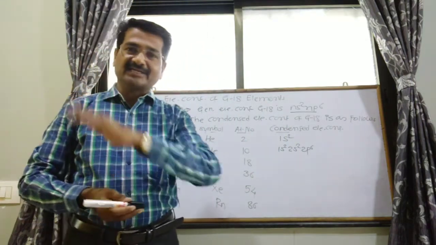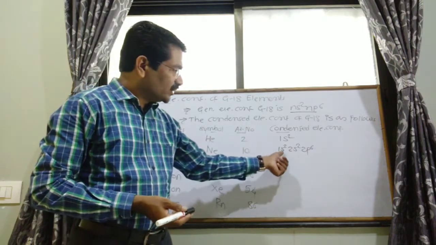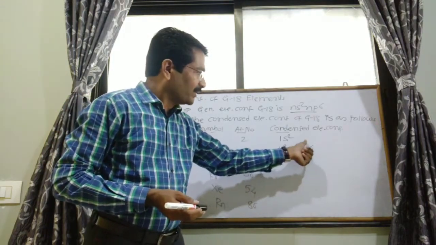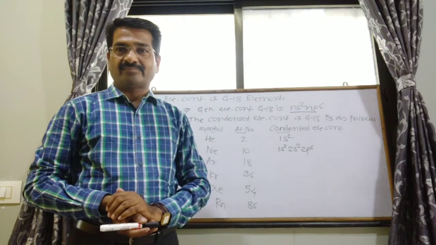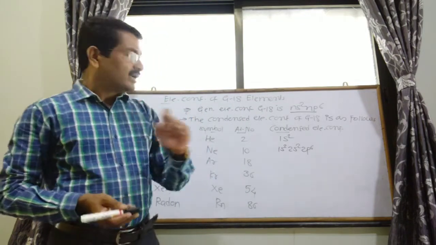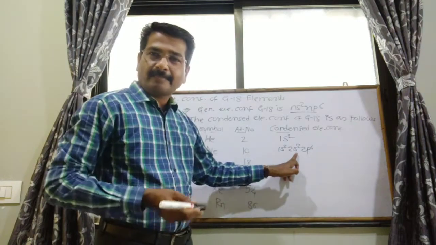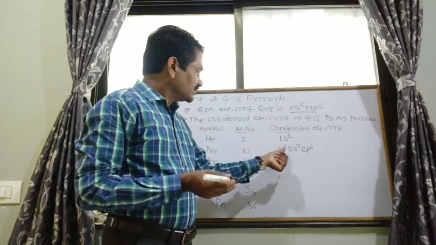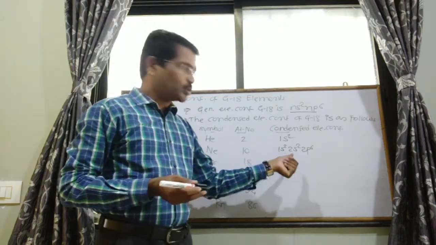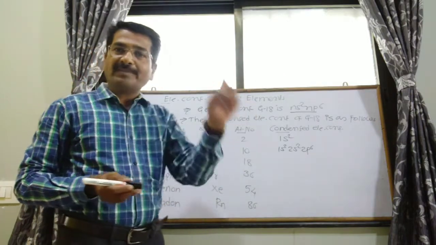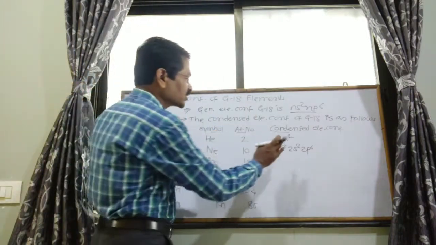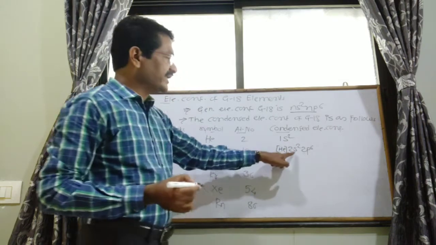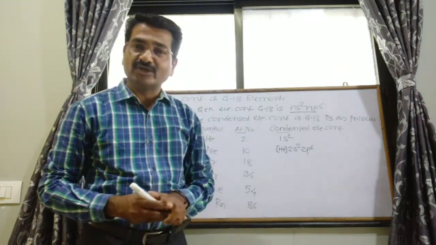Neon containing 10 electrons distributes 2 electrons in the first shell, 1s2, and the second shell contains 2 plus 6, that is 8 electrons. In the second shell, 2 electrons go to the s subshell and 6 electrons go to the p subshell. But actually 1s2 is the electronic configuration of the zero group element helium. So the condensed electronic configuration of neon is taken as helium, 2s2 2p6.